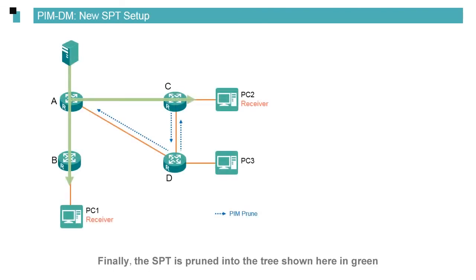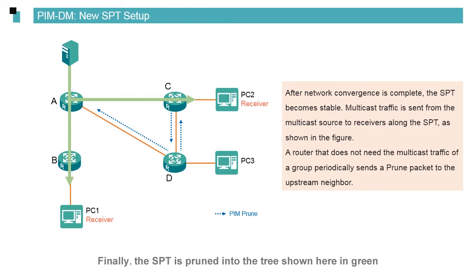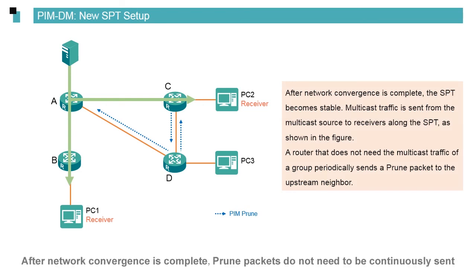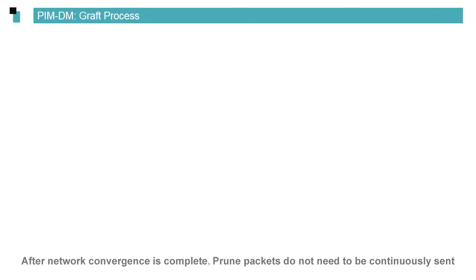Finally, the SPT is pruned into the tree shown here in green, and multicast traffic travels along this SPT. After network convergence is complete, prune packets do not need to be continuously sent.